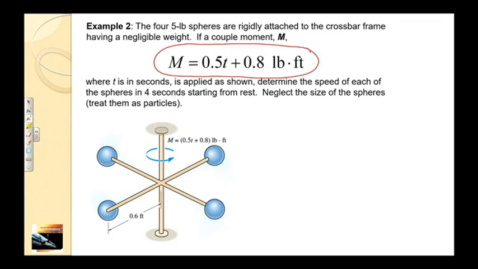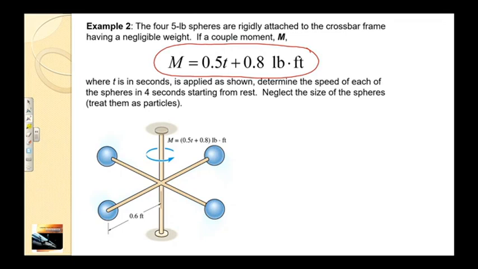My moment, if I look at top view, I've got these 4 masses, and I'm cranking the moment like this in the Z direction. So my moment's going to be in the z. My angular momentum is going to be in the z direction.